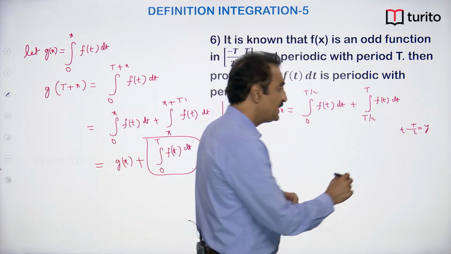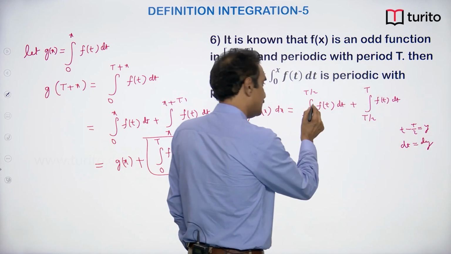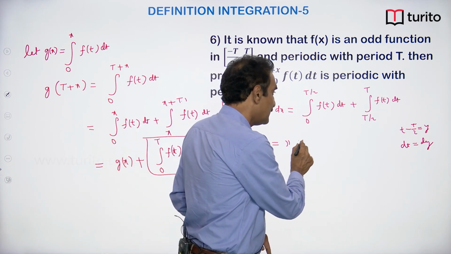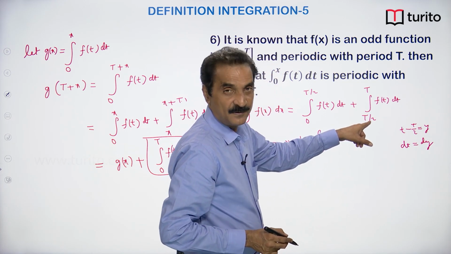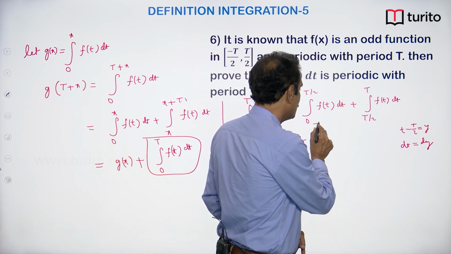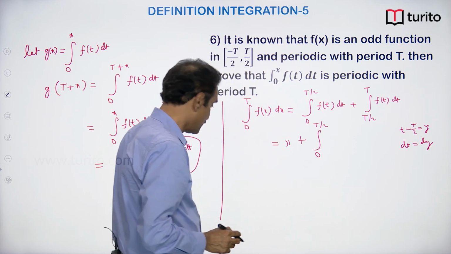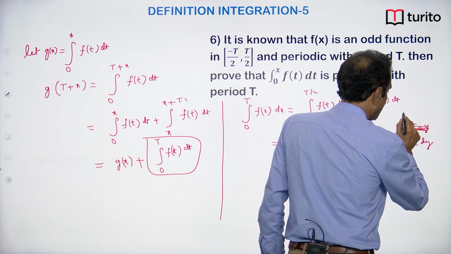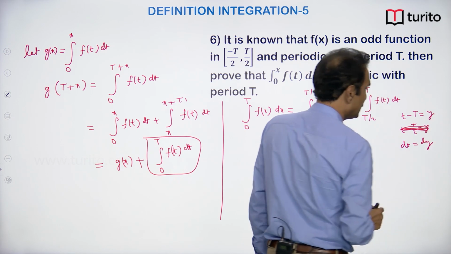Then dt is equal to dy. Write the first integral as it is, and the second integral will be plus the integral, what will be the new limits? I think we should write t minus capital T is equal to y.